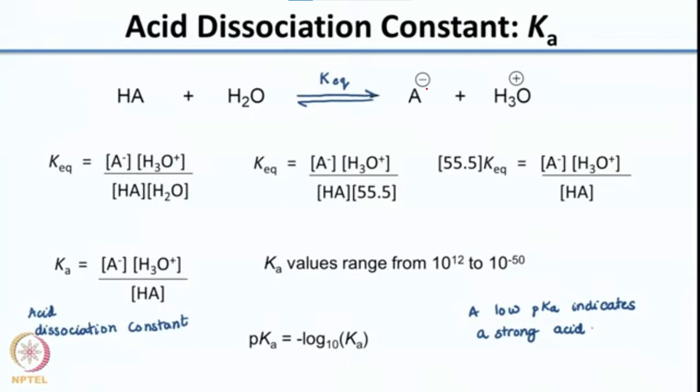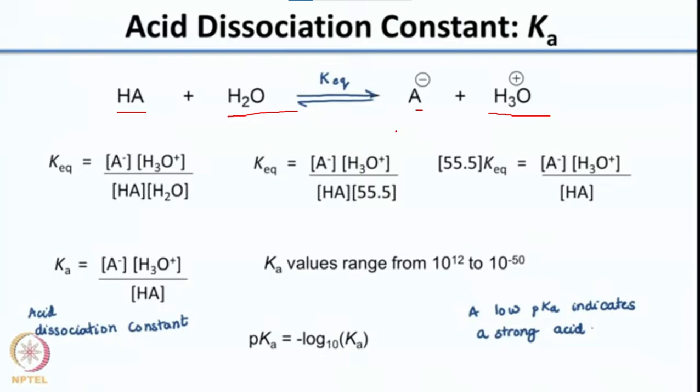So if we talk about this reaction, K equilibrium will be equal to product upon reactant, right? We always write the equation this way, product concentration upon reactant concentration. So here the products are A minus and H3O plus, so here we have the concentration of products, then the concentration of reactant. This is the K equilibrium equation.